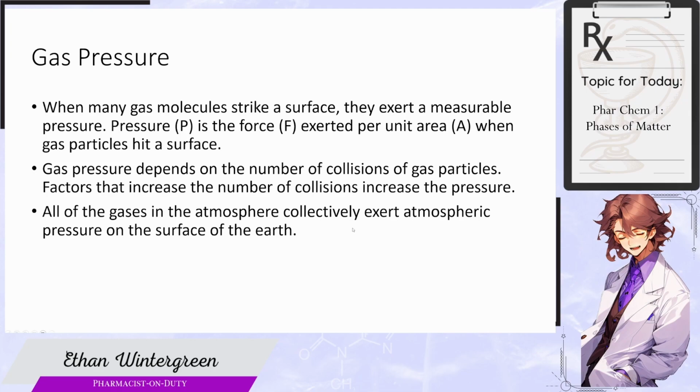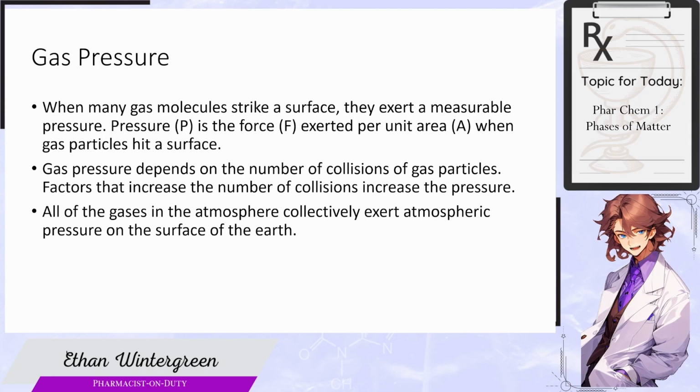So when we say gas pressure, it occurs when gas particles exert a measurable force on an area. Force over area is equivalent to pressure, and the gas pressure depends on how many collisions of the gas particles hit the container at a certain time. If they hit more frequently, or if more gas particles hit the sides of the container, the pressure increases.